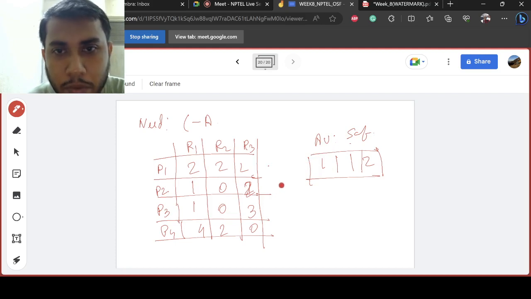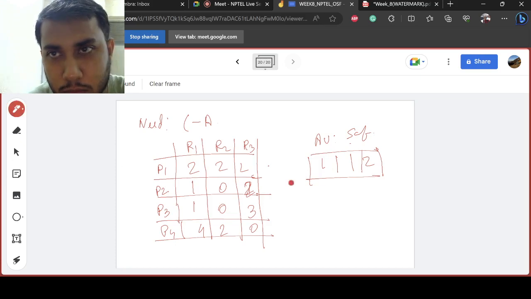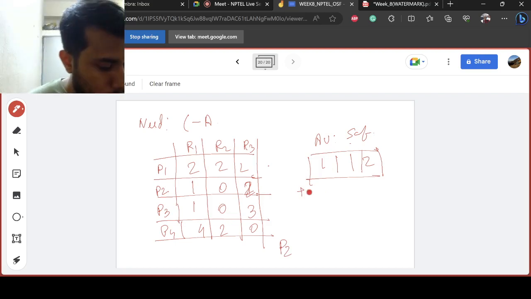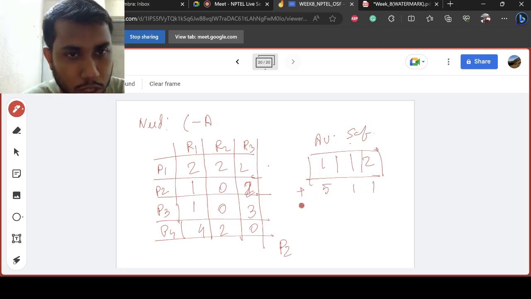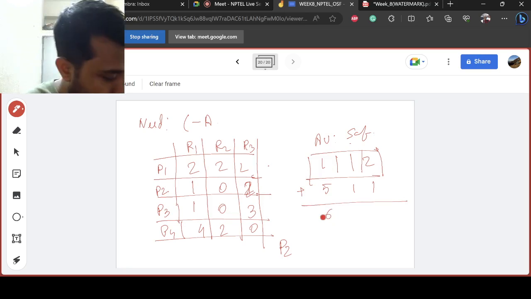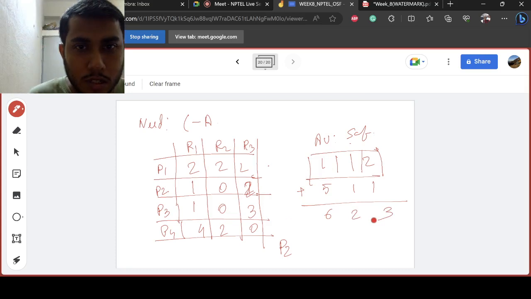P1 requires less, so P1 will get into completion. When that gets done, we'll add its resources here. What are its current resources? 5 1 1. So that becomes 6 2 3.